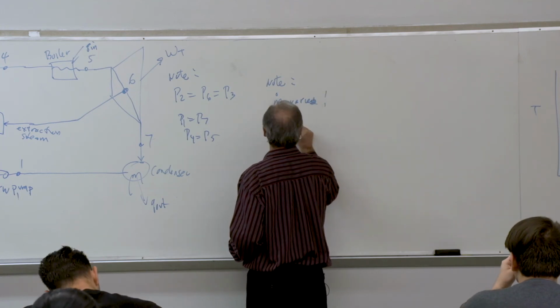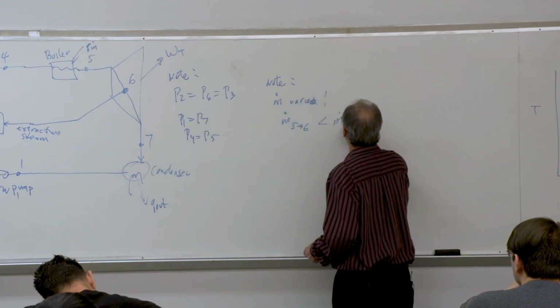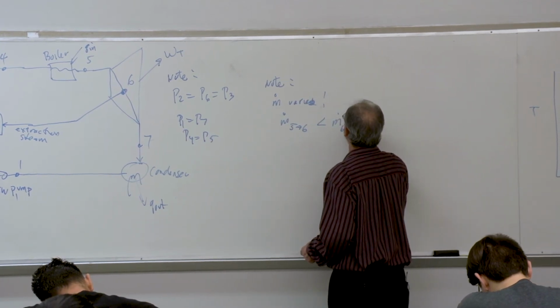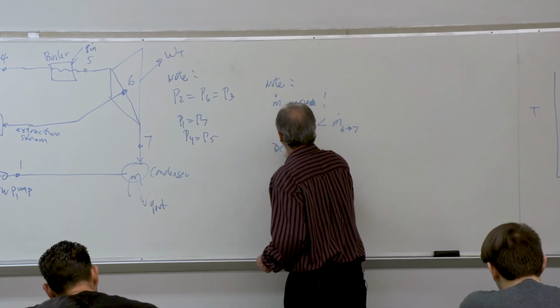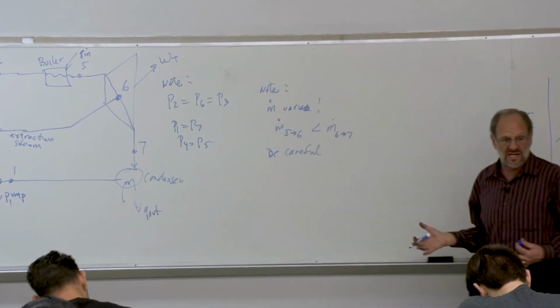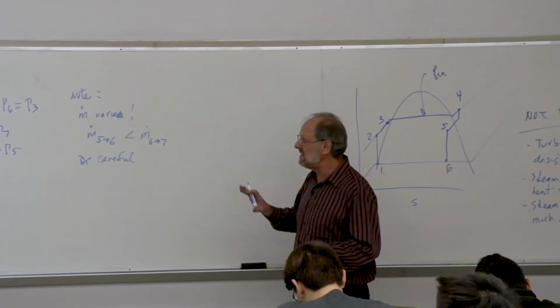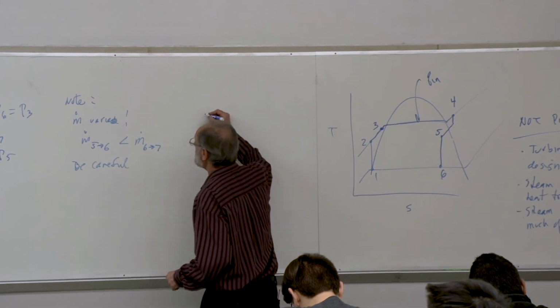The mass flow rate as we go from 5 to 6 is certainly going to be different, and in fact less than the mass flow rate as we go from 6 to 7. So again, we have to be careful with this, and we have to figure out how to analyze the cycle properly.